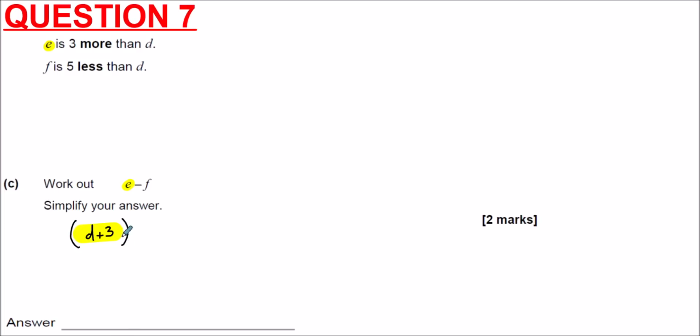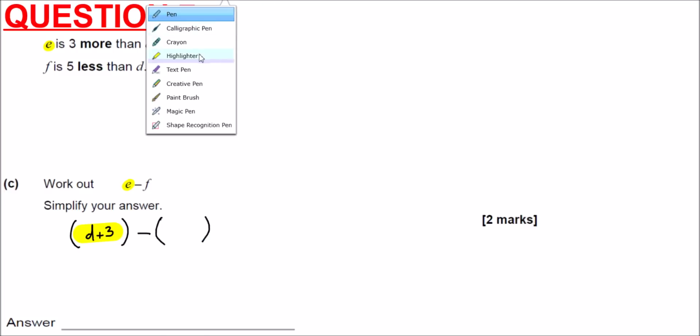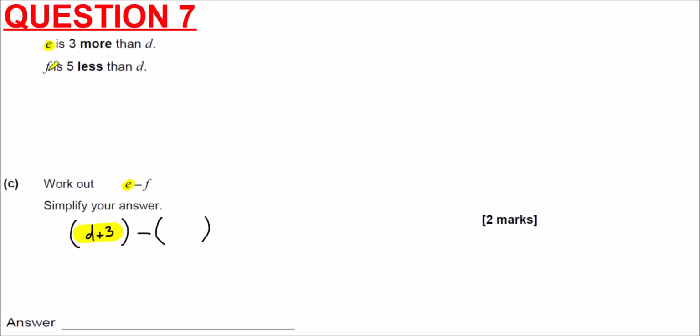And so E is D plus 3. Then we're going to take away from that whatever F is. And from before, we said that F is D minus 5. And so E minus F means D plus 3 minus D minus 5.